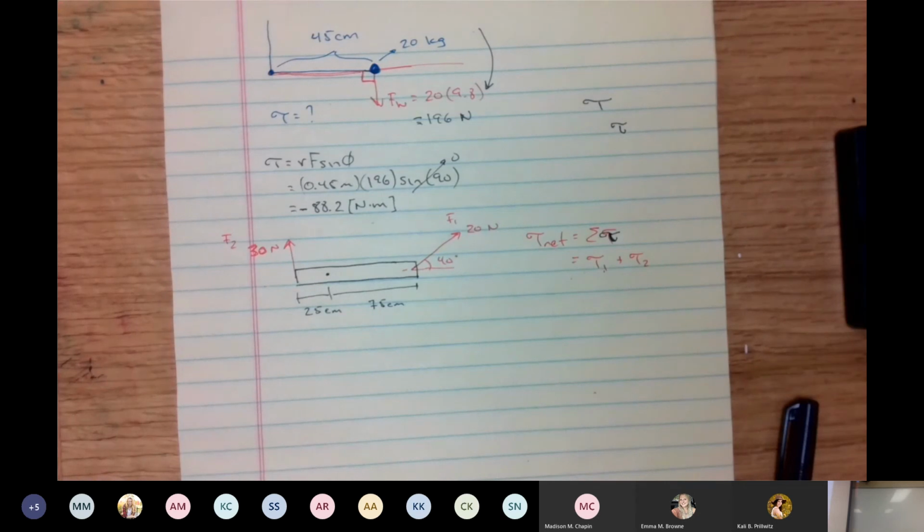So here, are we using the lid or just? Just that part. So you only look at the distance between the pivot point and whatever the force is.